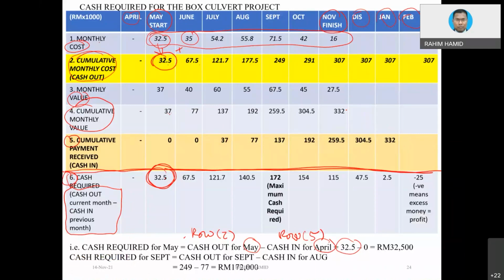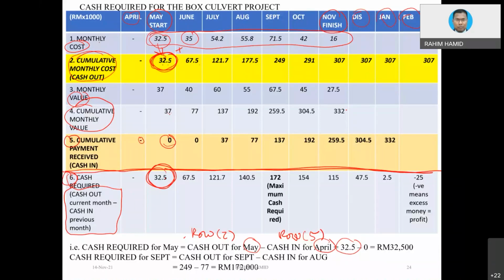So you take this value, 32.5, because in the month of May, this is the cash out that you are going to focus on, because you already spent this amount of money to pay your workers, to pay everybody. But how about the payment for that month? Well, for sure it is 0, because you have not started the project yet. But you are not going to deduct with this value 0. You are going to deduct with the previous month, April, which is also 0.